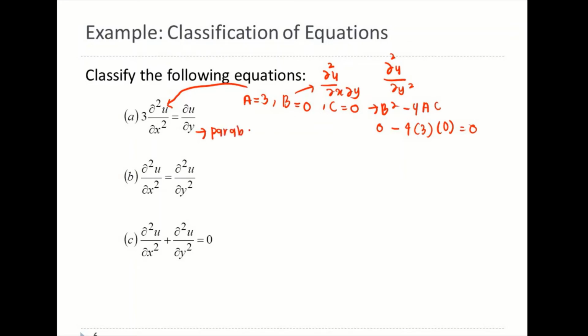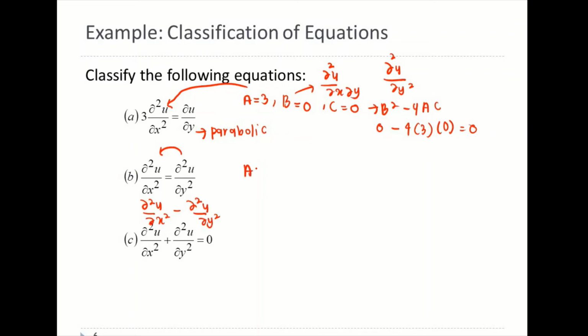For the second example, I need to bring all the terms to the left hand side. So it will be delta squared u over delta x squared minus delta squared u over delta y squared.